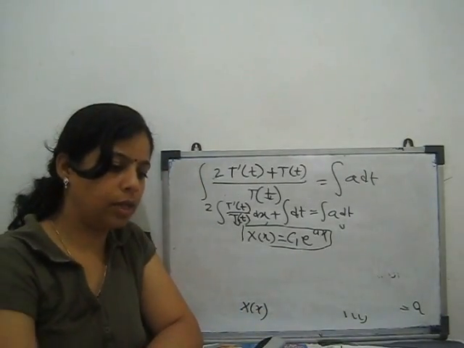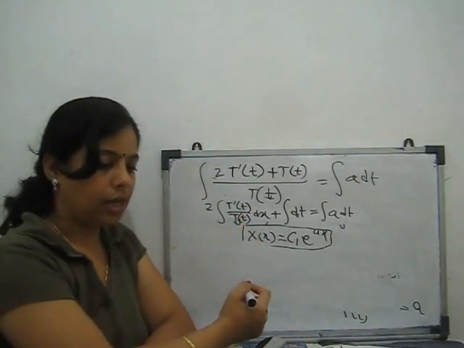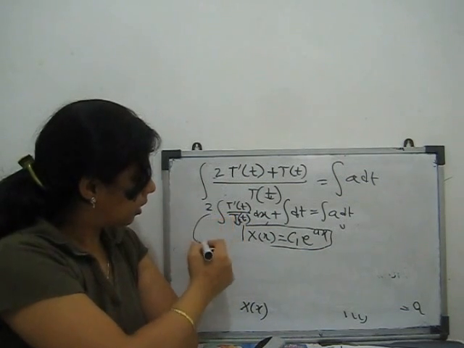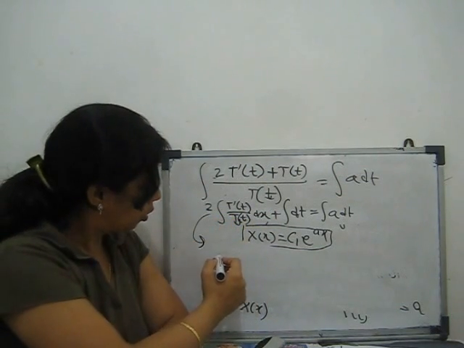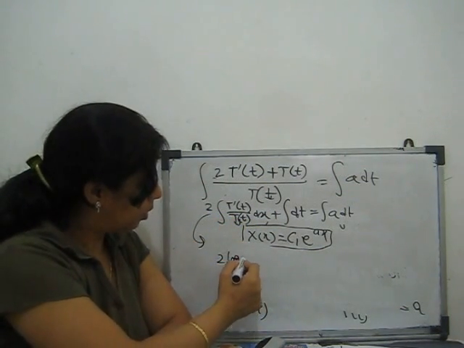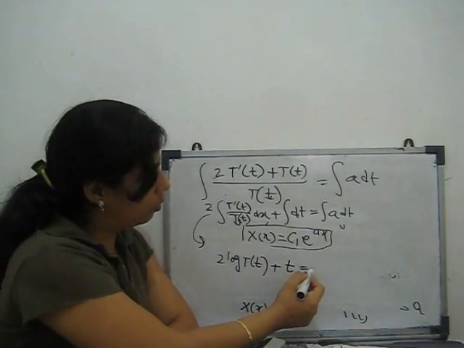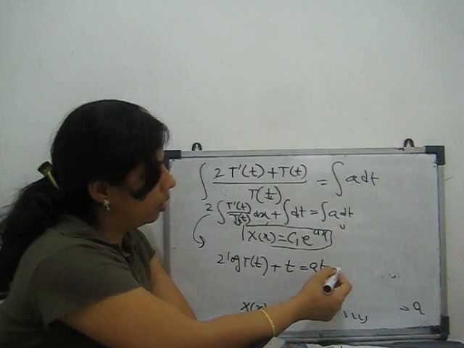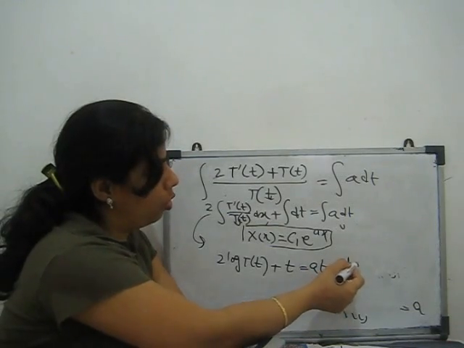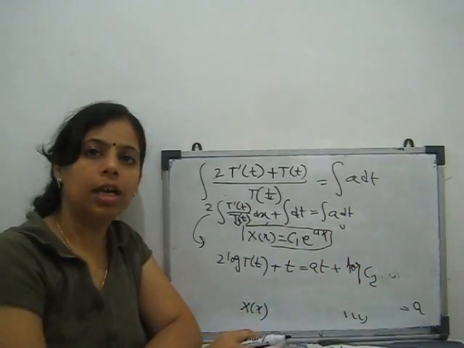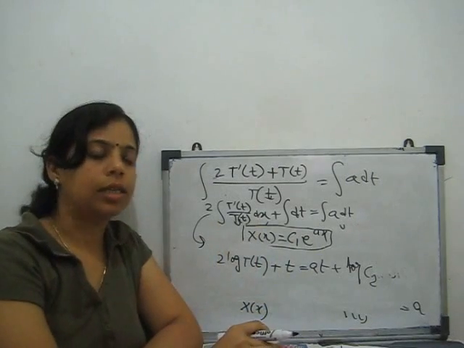What is our value of t? Value of t, if we can take, then see, this term gives 2 log of t plus this gives t plus this term gives at plus we can say log of c2. Clear? Our other integration constant is c2.